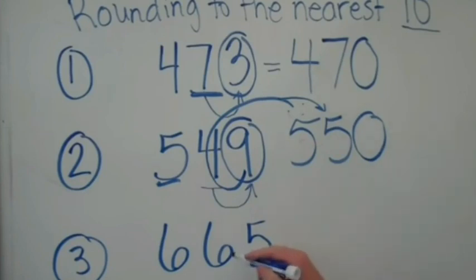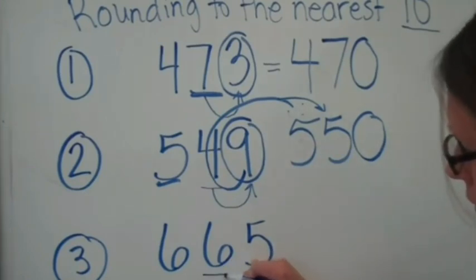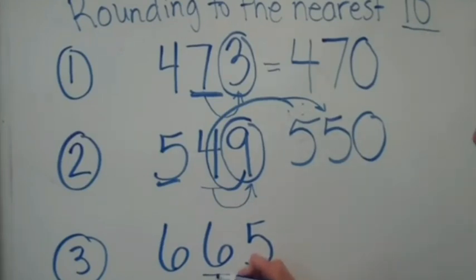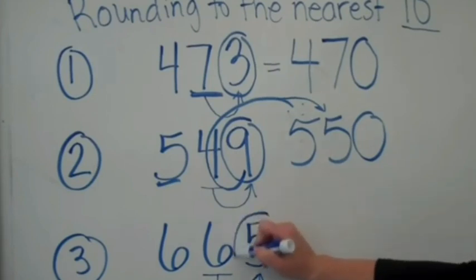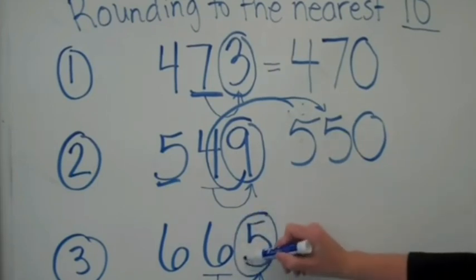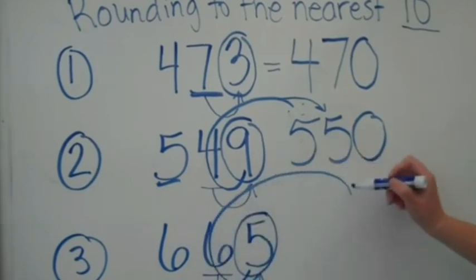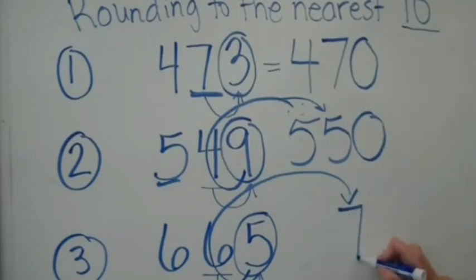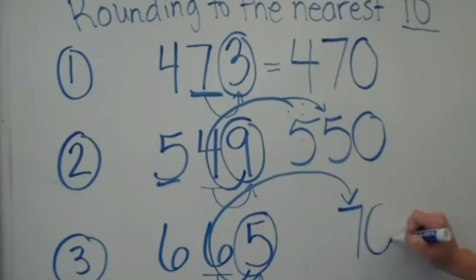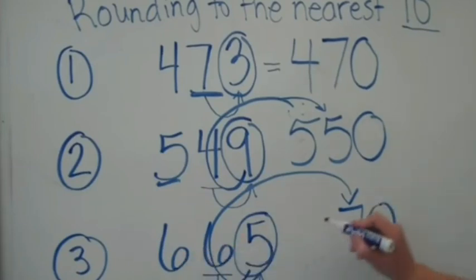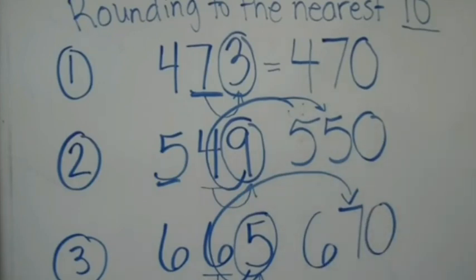Next one, looking at nearest 10, go one column to the right, I have a 5. 5 is nice and strong. Pushes this 6 up to a 7. The 5 used all its power, so now it is a 0, and the 6 is in the hundreds, so it stays the same.